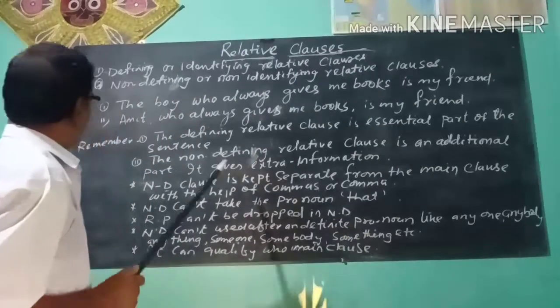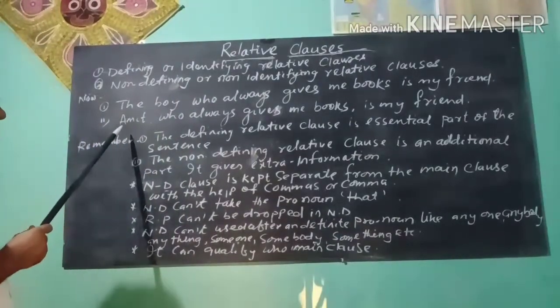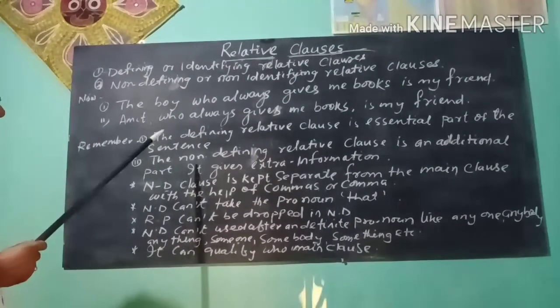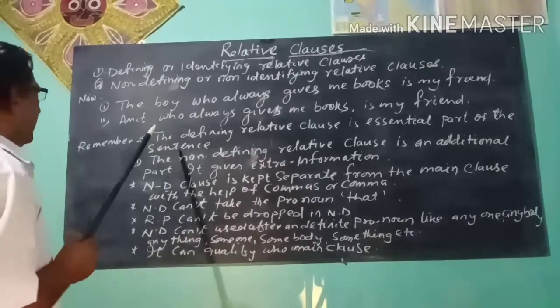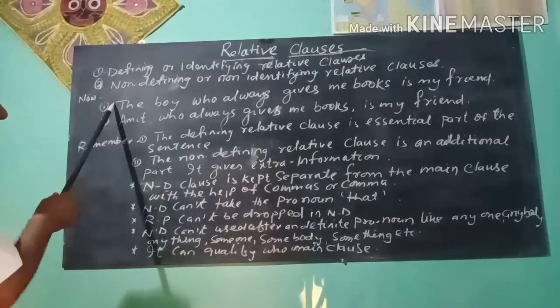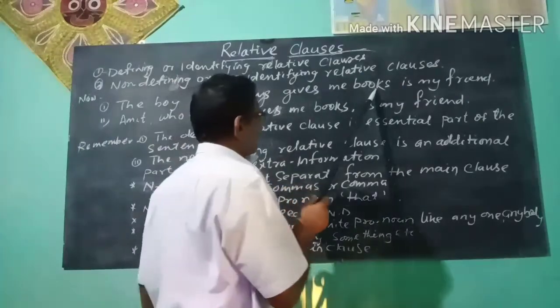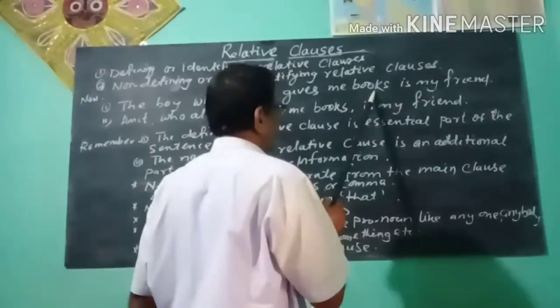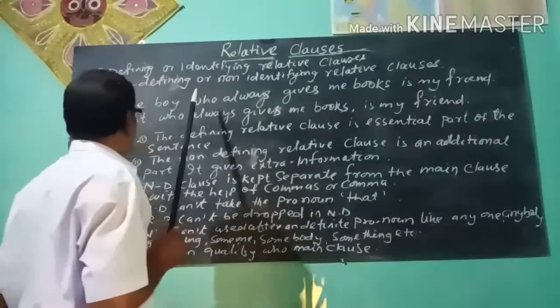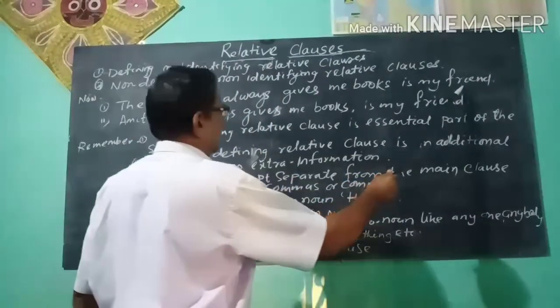These two sentences are complex sentences. In sentence 1, who always gives me books is a relative clause. The boy is my friend, main clause.